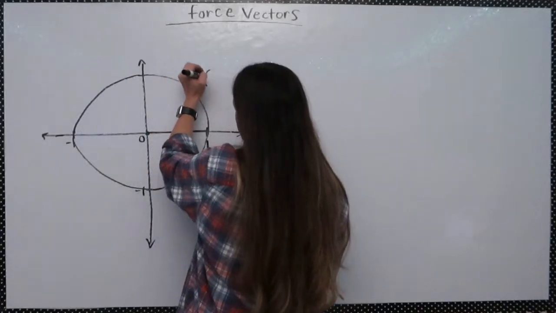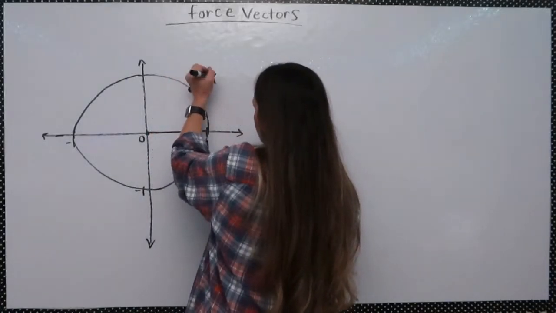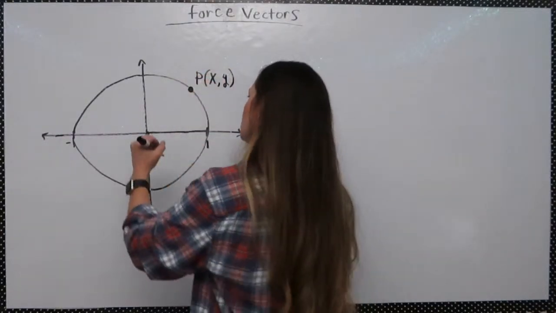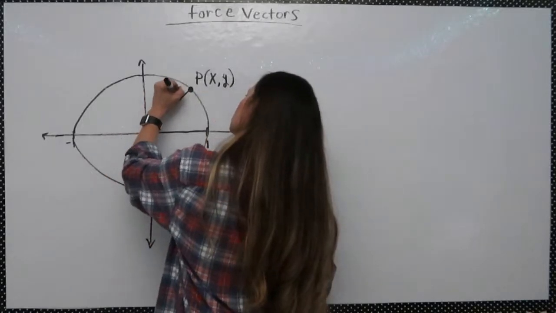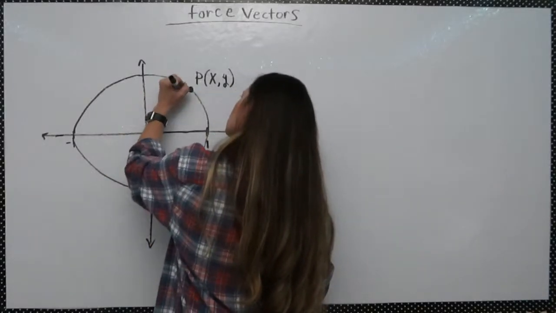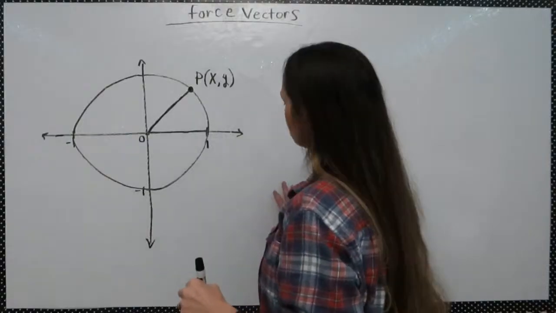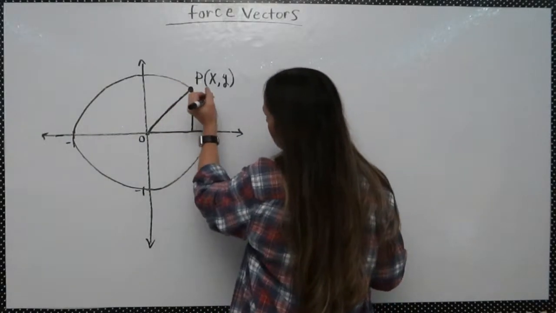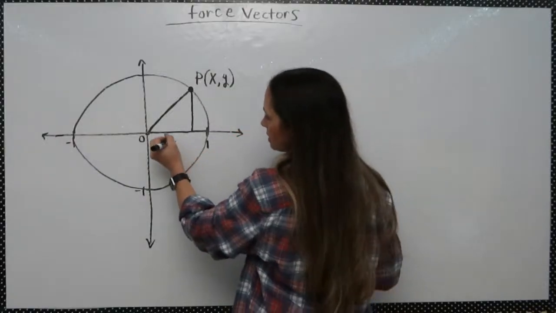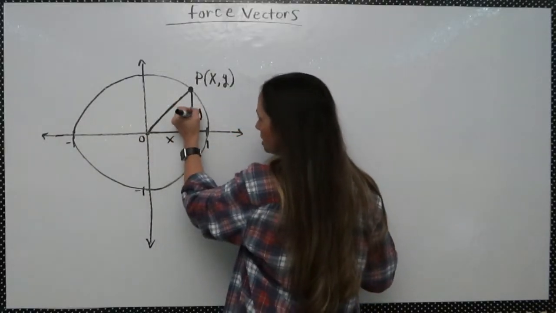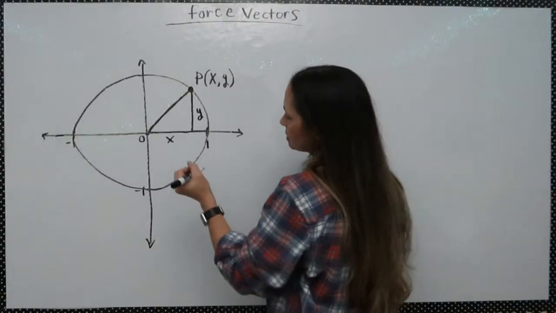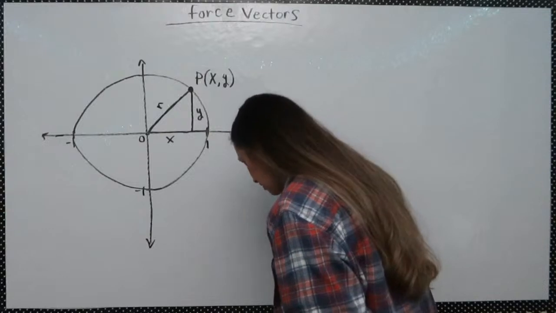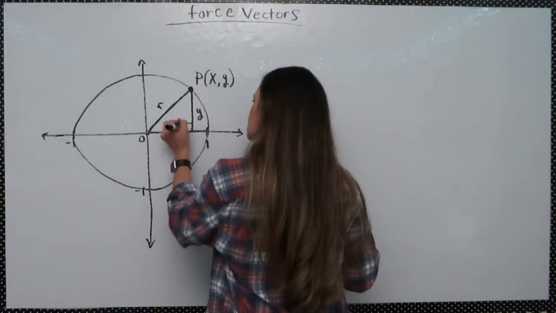The coordinates of P are x comma y, and we draw this ray. It's a radius here, and it's a point P. Because this is the x distance and this is the y distance, and then this would be r, what we have is a right triangle.